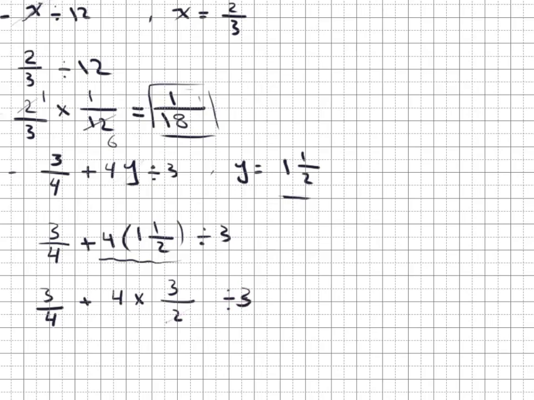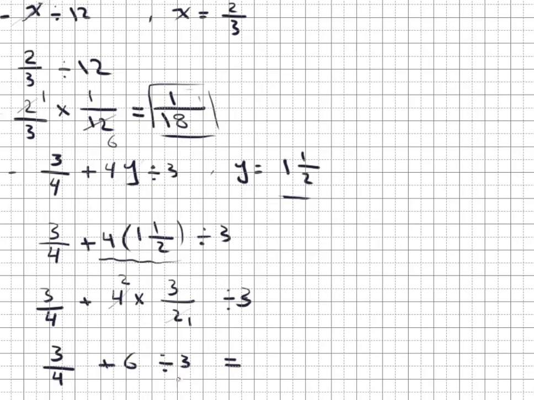Now we can simplify 2 with 4, both of them are divisible by 2. Here the answer is 2, but the answer here is 1. If we multiply 2 multiplied by 3, the answer is 6. Now we have 3 over 4 plus 6 divided by 3.